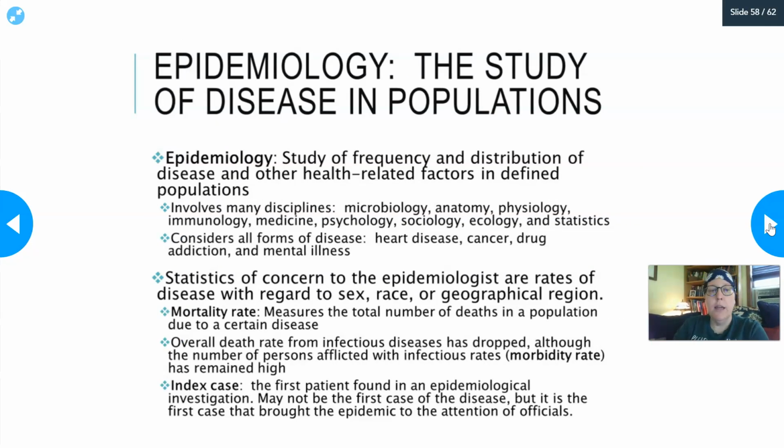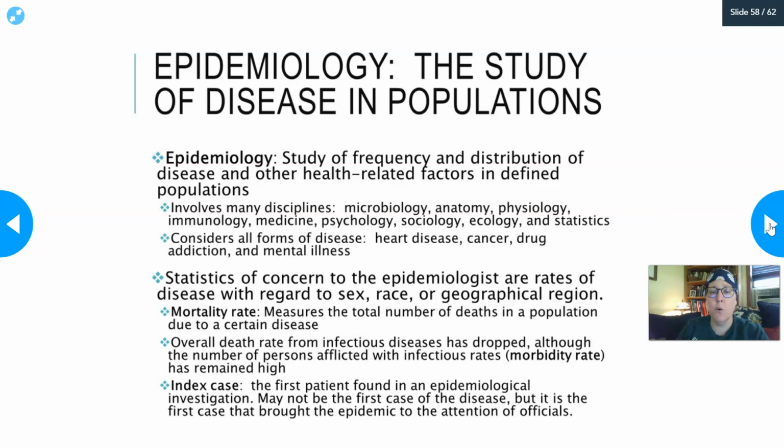And we're almost done. Epidemiology is the study of disease in populations. So we've been getting these daily reports, and some of the stuff they're reporting are epidemiological statistics. So epidemiology is the study of frequency and distribution of disease and other health-related factors in defined populations. It involves many disciplines: microbiology, anatomy, physiology, immunology, medicine, psychology, sociology, ecology, and statistics.